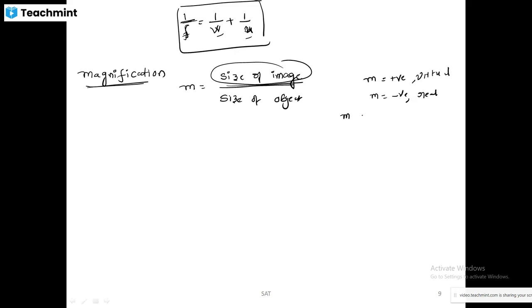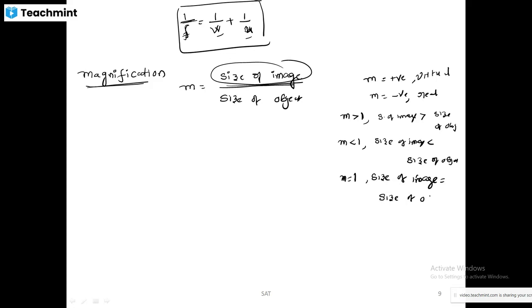For example, if m is greater than 1, the size of the image is greater than the size of the object. If m is less than 1, the size of the image is less than the size of the object. If m is equal to 1, the size of the image is equal to the size of the object.